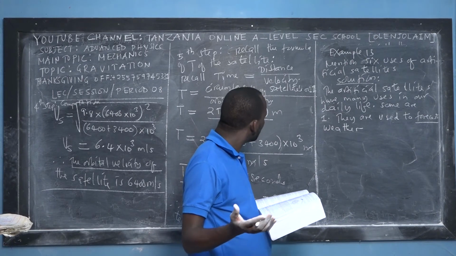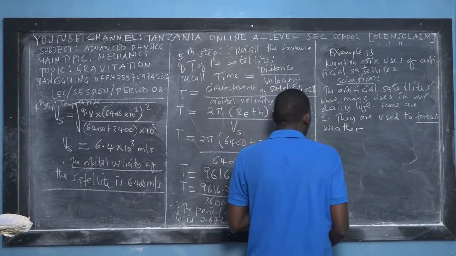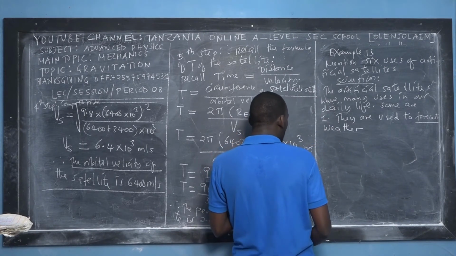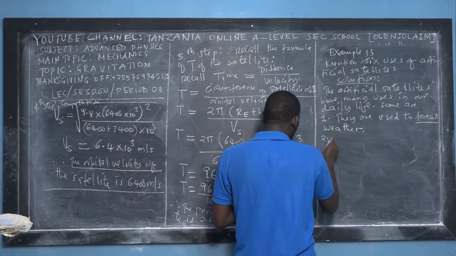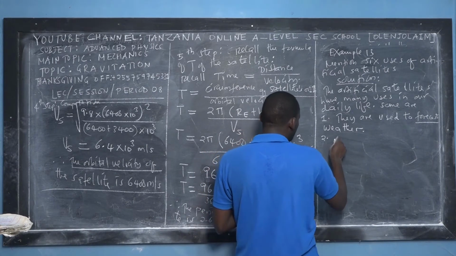Yes, and even the rain, we call it rain or precipitation, is very important also in weather forecasting, right? So the second use, we say that they are used to learn about the atmosphere near the Earth.